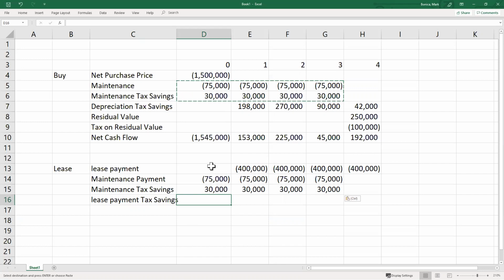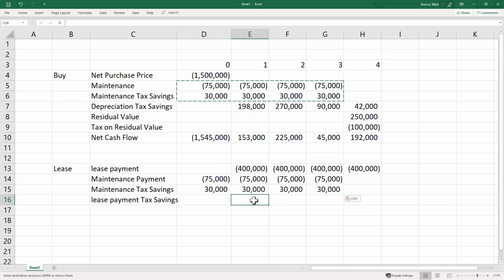So I think the book answer is actually incorrect based on the problem. So you could believe me or you can believe the publishers, but based on my read of what they're saying here, the maintenance payment should be due at time 0 for both sides of this problem, both the buy and the lease. So that's how I'm going to solve it.